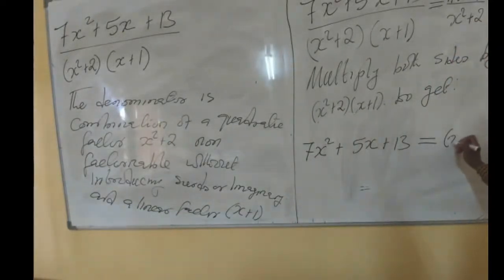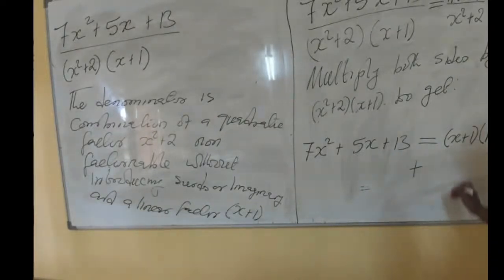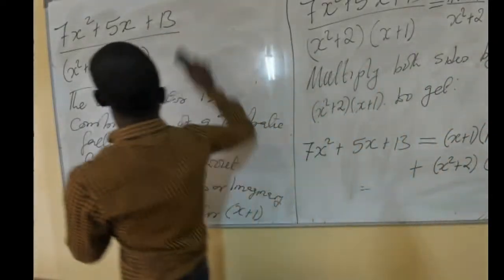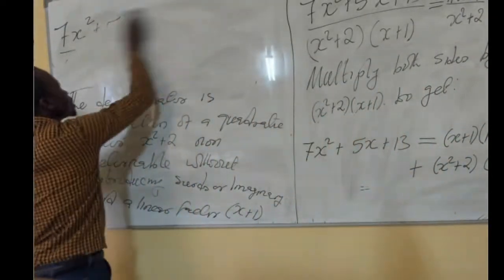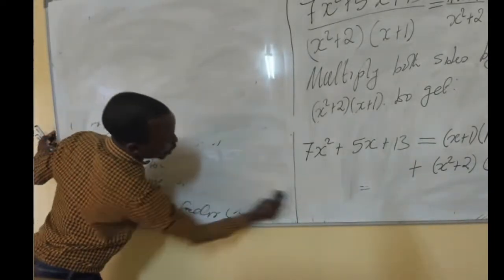We are going to remain with x plus 1 times ax plus b, plus, if we multiply c divided by x plus 1 by this denominator, we get x squared plus 2 multiplied by c. So now we are going to solve this using the coefficient point of view, where we equate the constant coefficients, the coefficient of x squared and also the coefficient of x.